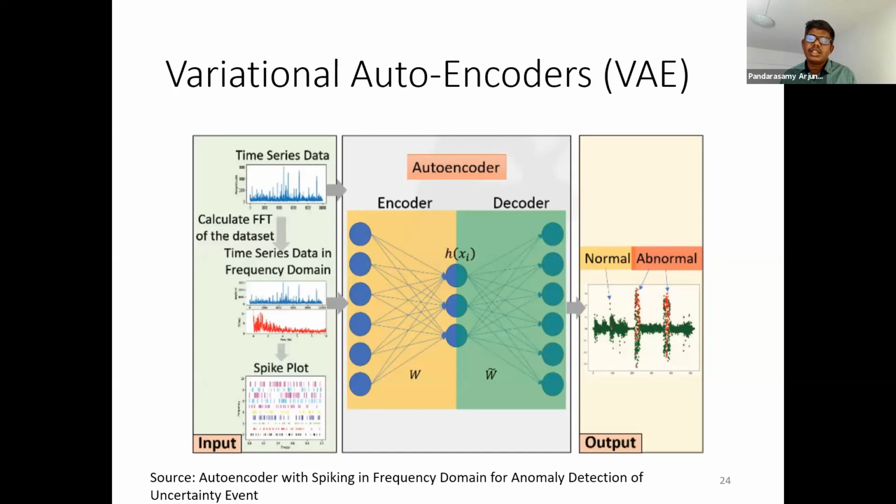Okay, so this is a very simple representation of a variational auto-encoder. In a typical setting, the encoder network itself will contain several layers, and the decoder network will also contain several layers. In this example, we have just one layer for the encoder, one layer for the decoder, and in between we have this intermediate layer.